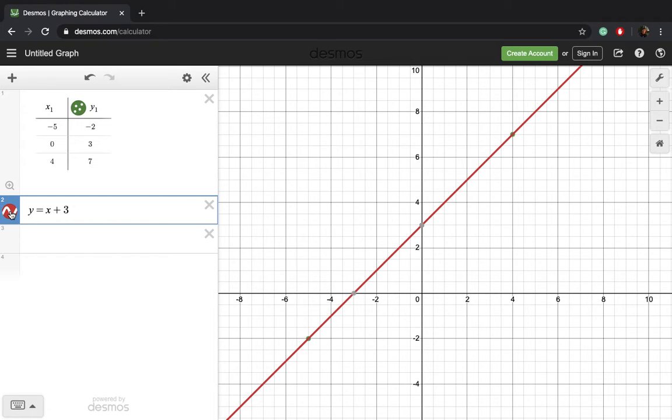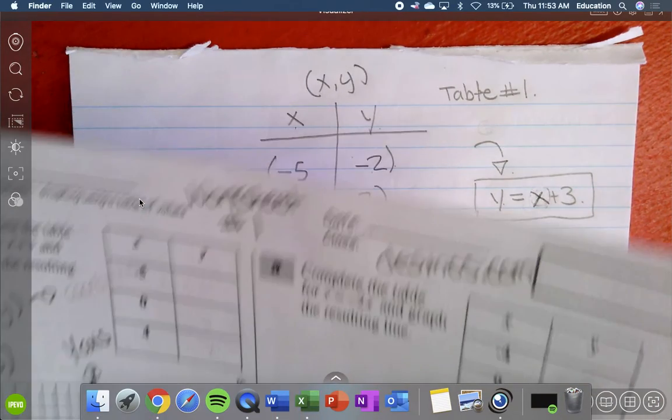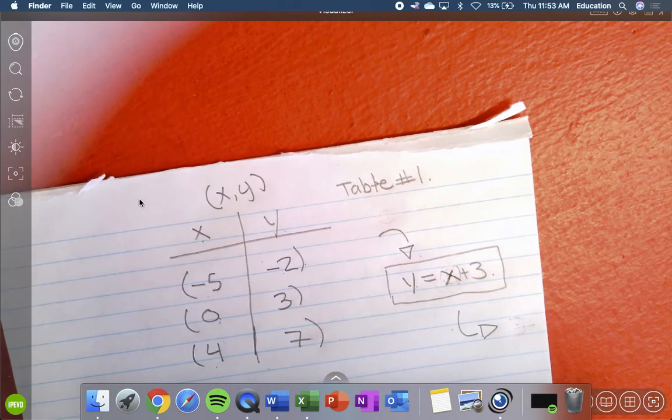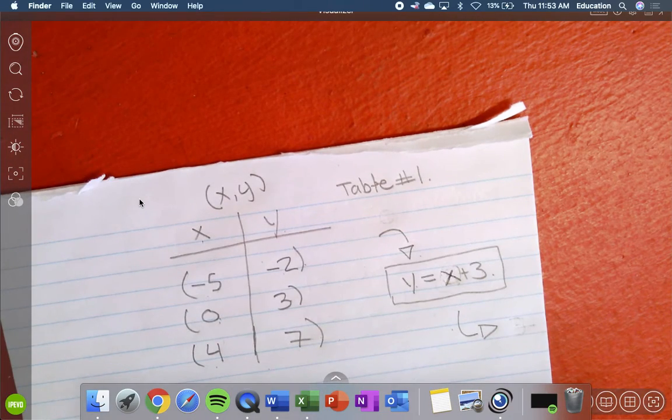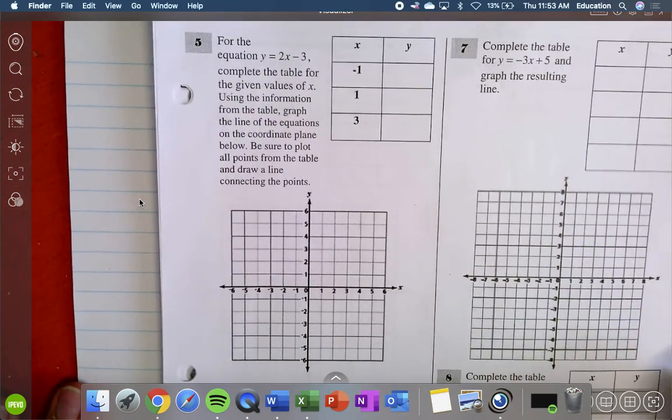So what we're going to do is work in teams of 2. If you want to work by yourself, that's okay, but I'd rather teams of 2. I'm going to give you this question here. Number 5.